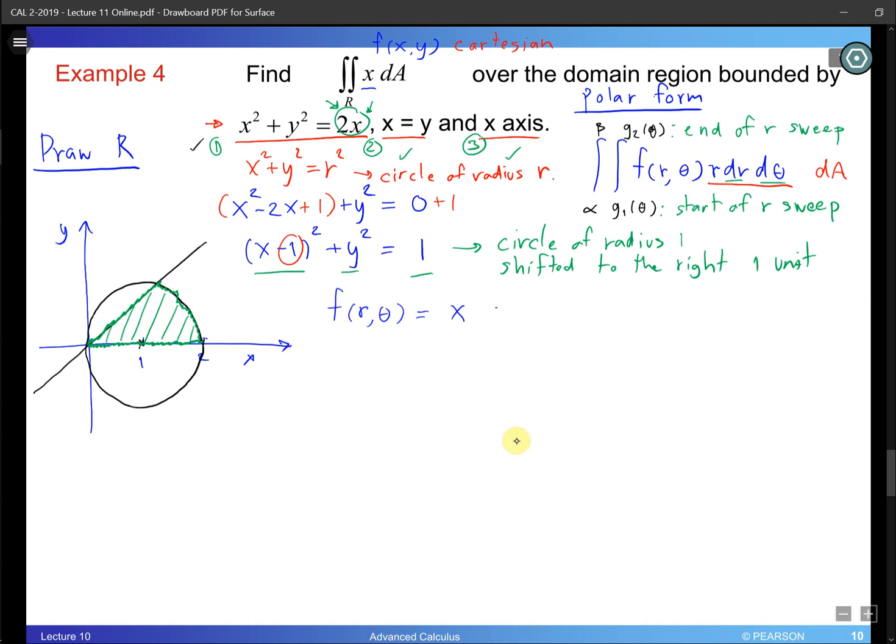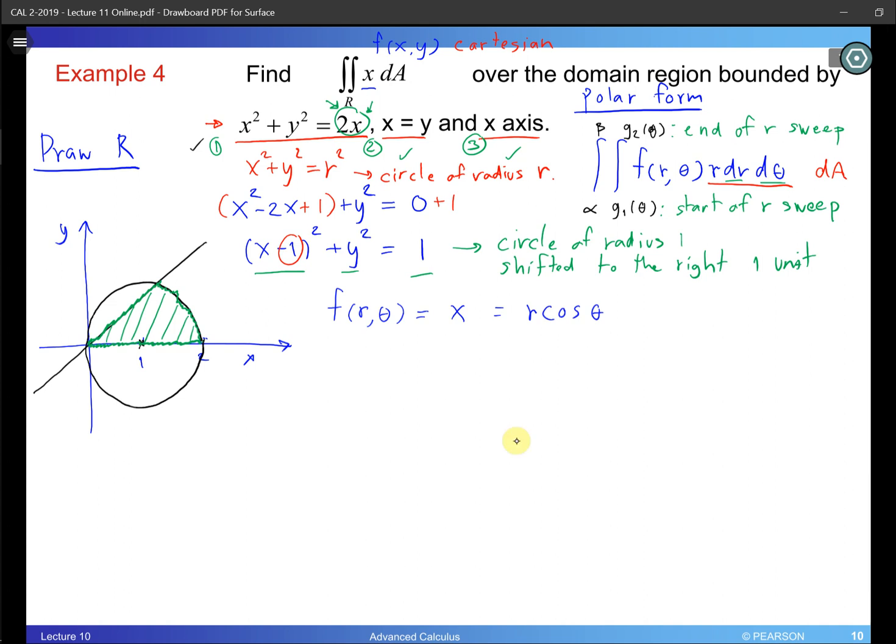And from last time, we know that the relation between x and r and theta is x equal to r cosine theta. In the last lecture, we proved why this is true. So if you forgot about that, you can watch the previous video.